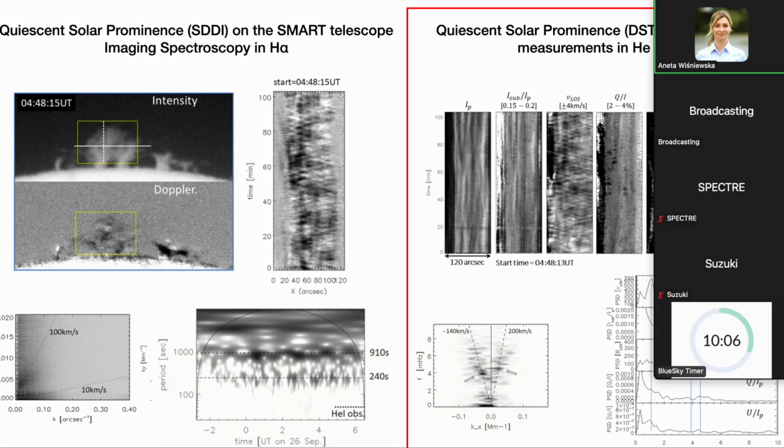The H alpha line is optically thick in prominences and probes much cooler chromospheric plasma, while the near infrared helium-1 1083 line is typically optically thin. So this allows us to probe the innermost layers of the prominence.